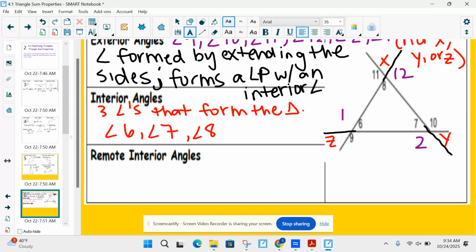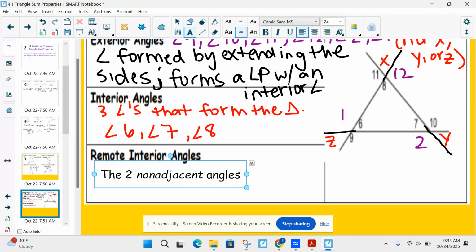So this is actually a really important definition that you need to know. Are the 2 non-adjacent angles of an exterior angle.